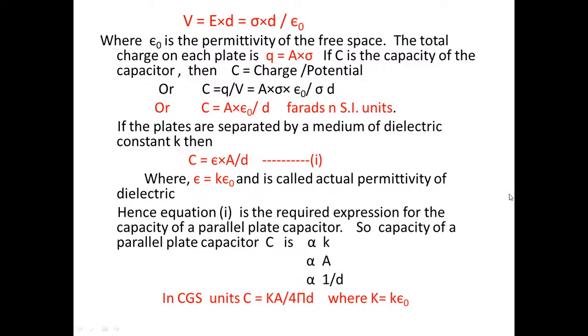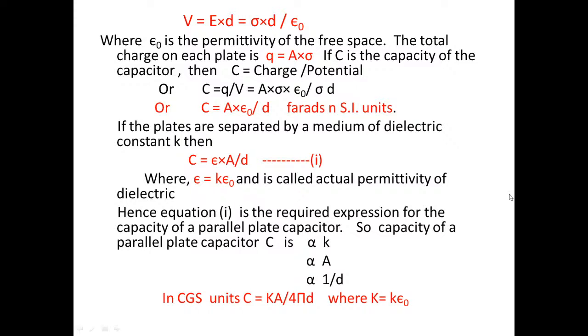So the capacity of the parallel plate capacitor will be equal to epsilon naught A upon D, where epsilon naught is the permittivity of free space, A is the area of the plate and D is the distance between the two plates.